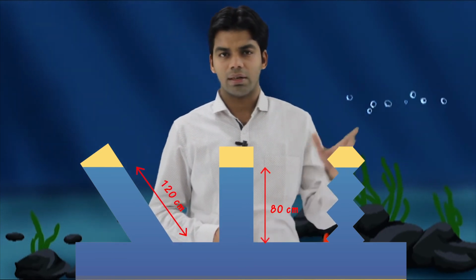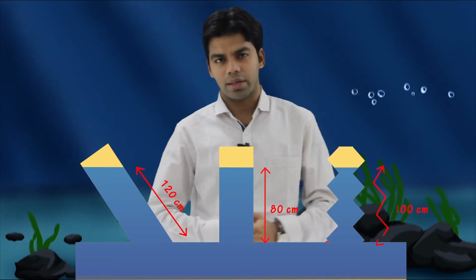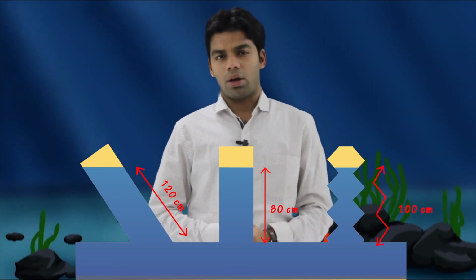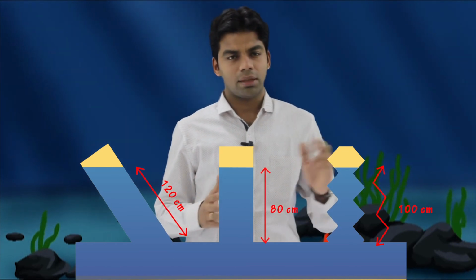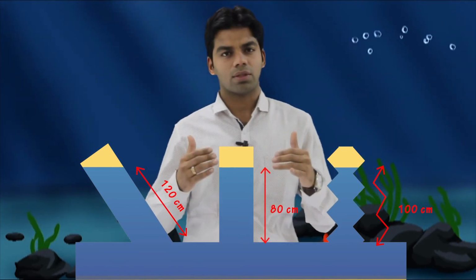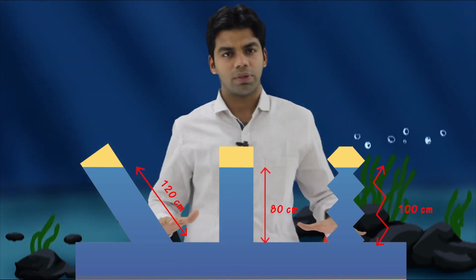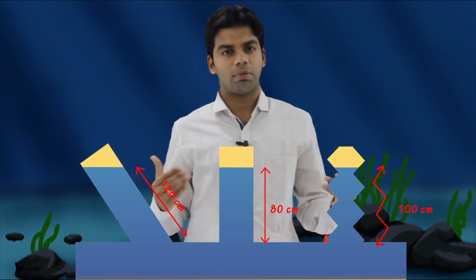Now the third important note. Suppose we have three different pipes. The first is a straight vertical pipe, which is of 80 centimeter length. The second is an inclined pipe, which is of 120 centimeter length, and the third is a zigzag pipe, whose total length is, let's suppose, 100 centimeter. The water level is the same in all these pipes. If I ask what the pressure at the bottom of these pipes is, which pressure will be highest?